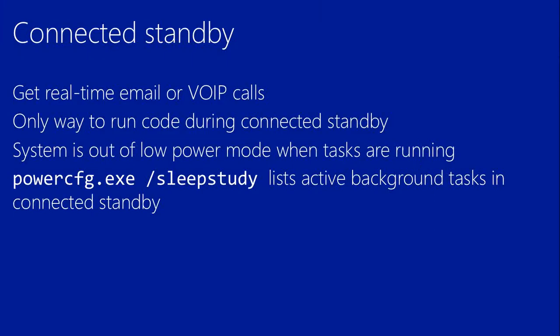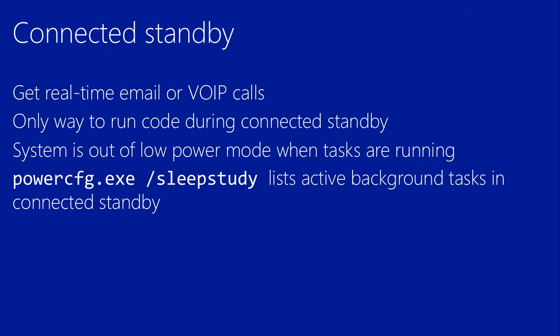Moving on, connected standby. Connected standby is another state which means low on power and low on network, which means that the CPU at this point is at its lowest power. So the only way to run code in connected standby mode is through background tasks, because everything else is not allowed to run since the CPU is low on power.